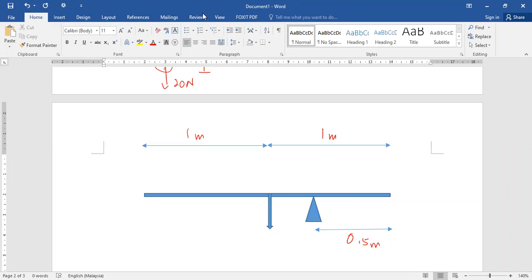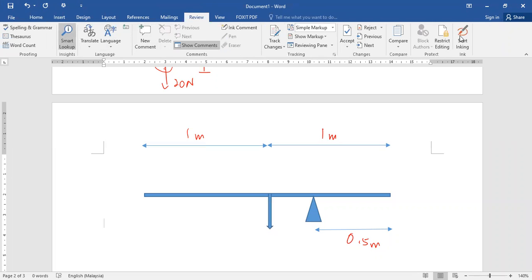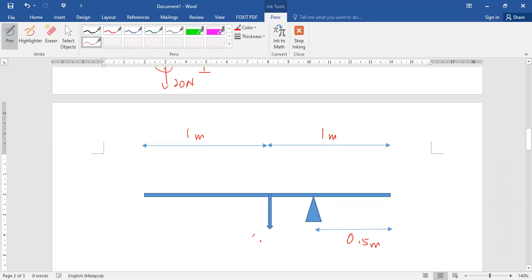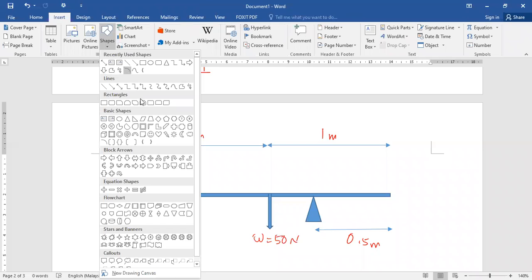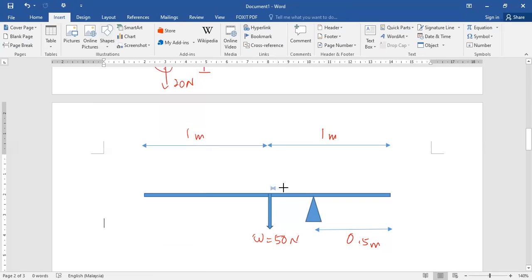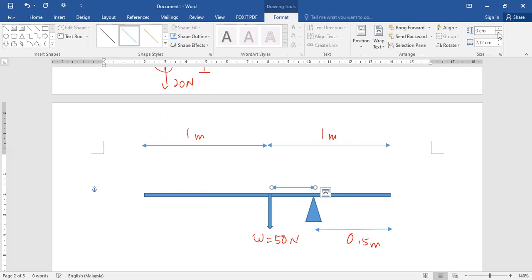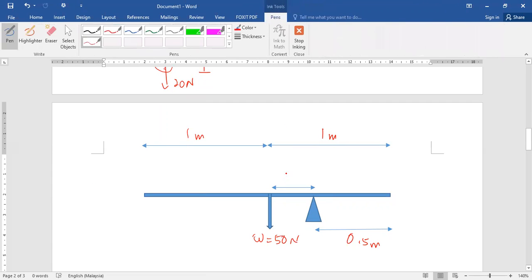How much is the weight? The weight W is equal to 50 Newton. So what is the distance of the 50 Newton from the pivot? That's 1 meter from the pivot. It will be equal to how much? 0.5 meter, right? Here will be 1 meter.